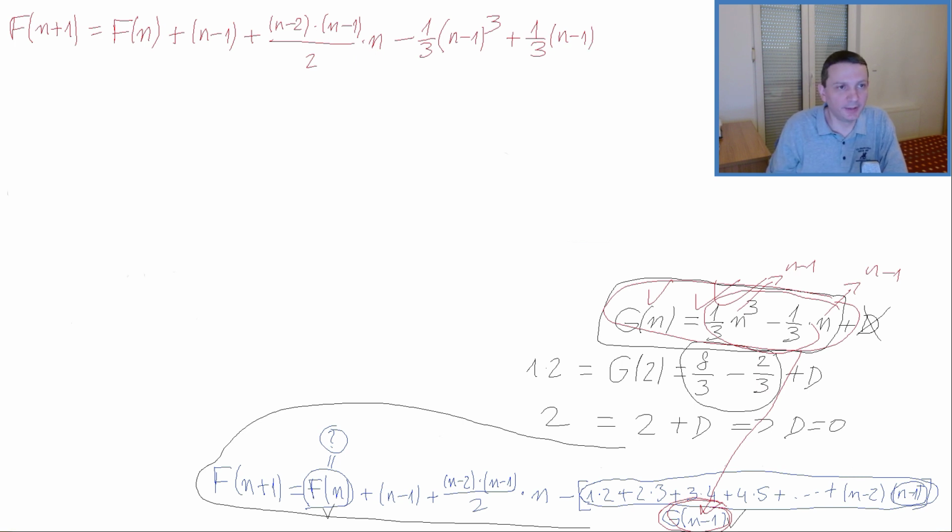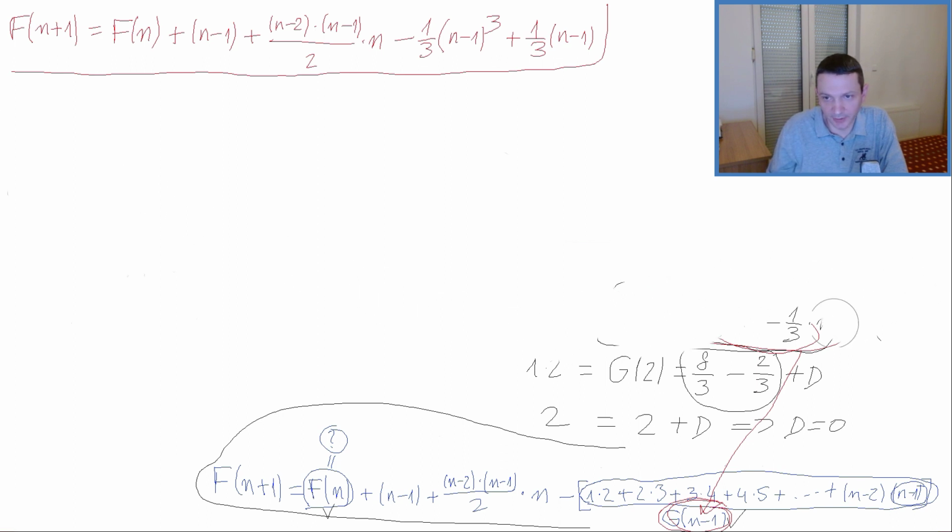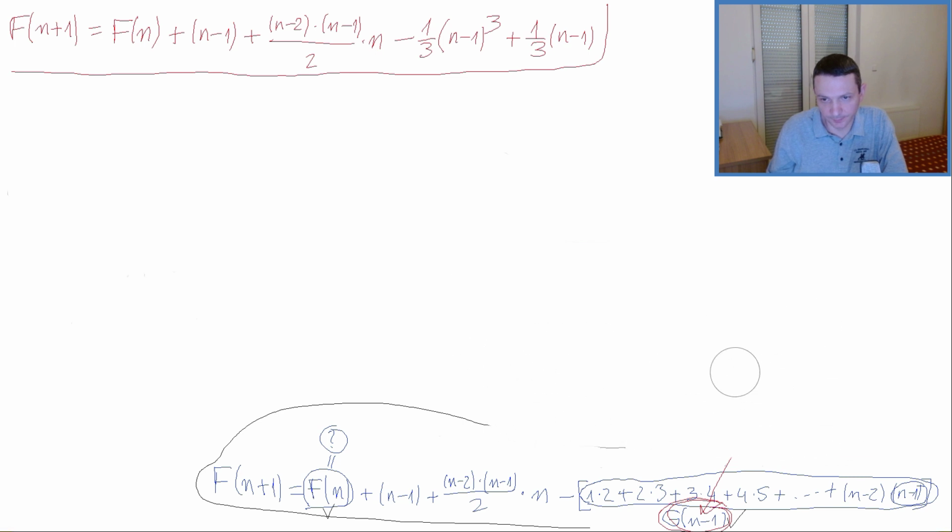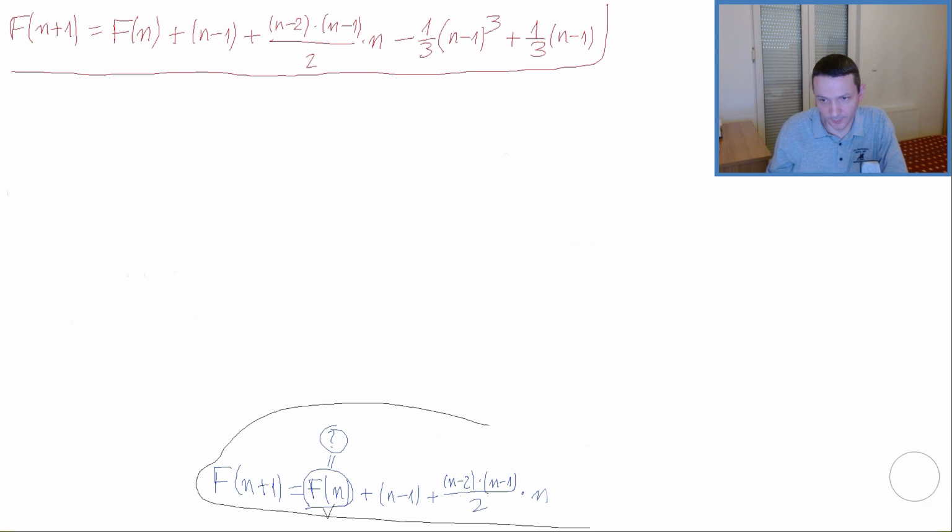Okay, and finally, I need to solve this recursive relation obtained here. And the trick is, I will erase first this. I don't need this anymore.